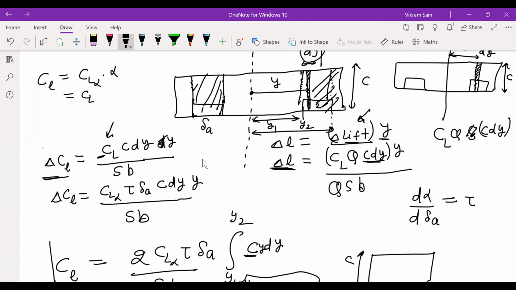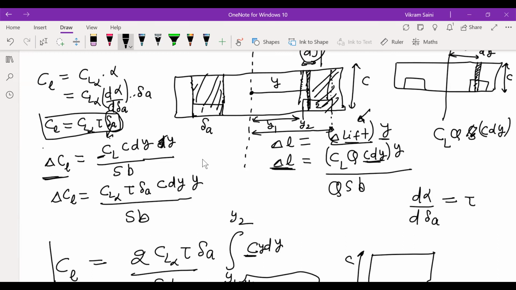So you can write it as d alpha over d delta A multiplied by delta A. This number is found from experiments, and we replace it with tau, so CL alpha tau delta A. Now you can find the lift coefficient of that airfoil section with this expression, where delta A is the deflection of the aileron.